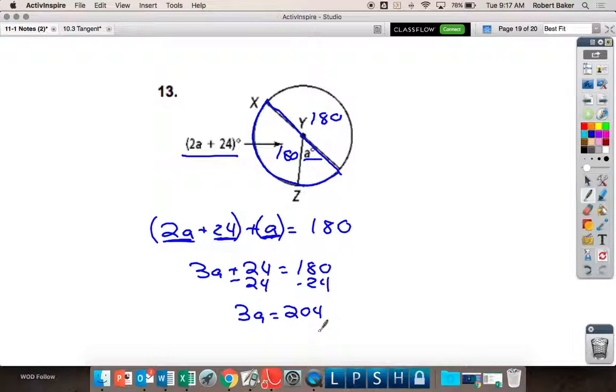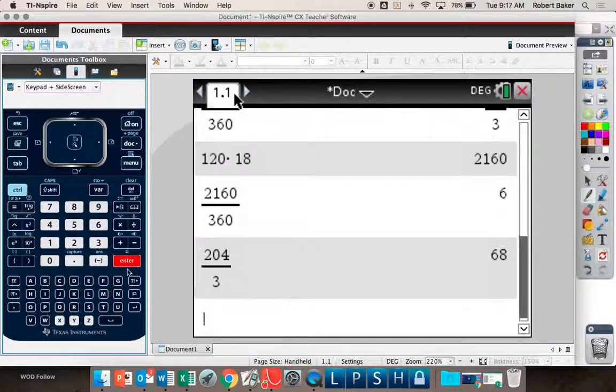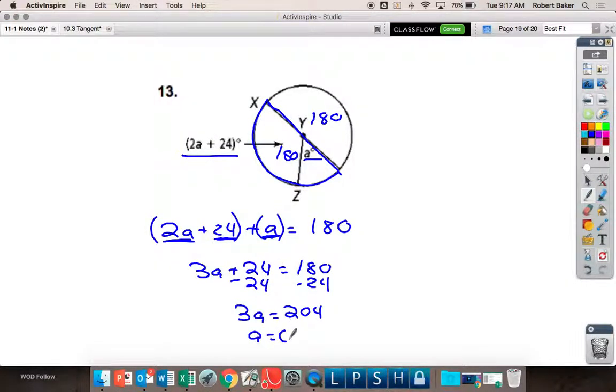So I'll do that with a calculator. 204 divided by 3 is 68. So A equals 68. And you're done. Just using that degree measure philosophy to apply some algebra for this one. Cool? All right.